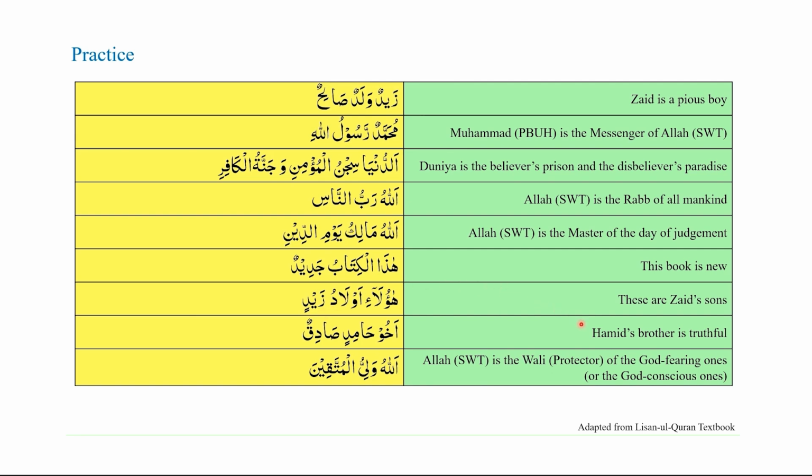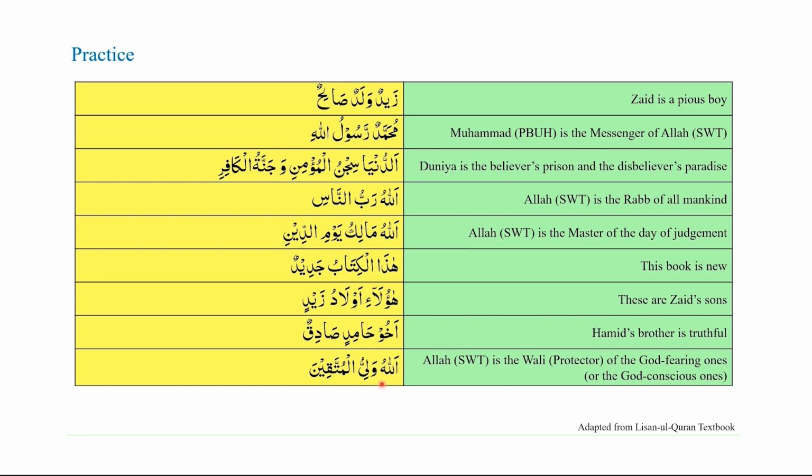Hamid's brother is truthful. Akhu Hamidin sadiqun. Akhu Hamidin is murakkab izafi and it is being used as mubtada. Allah subhanahu wa ta'ala is the wali or protector of the God-fearing ones or the God-conscious ones.